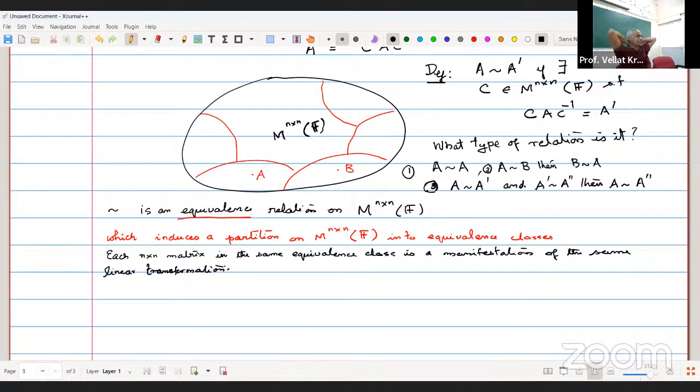This is our next question. You should see how the questions are evolving. The questions are self-suggested. Now we have a choice here to represent a given linear transformation. Which choice do you make? This is a question that you want to take up.